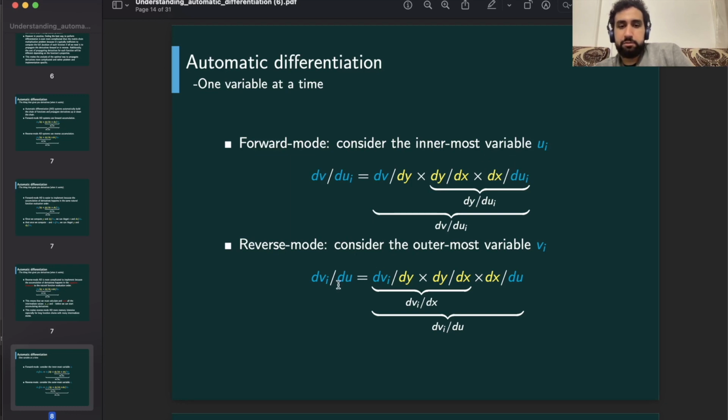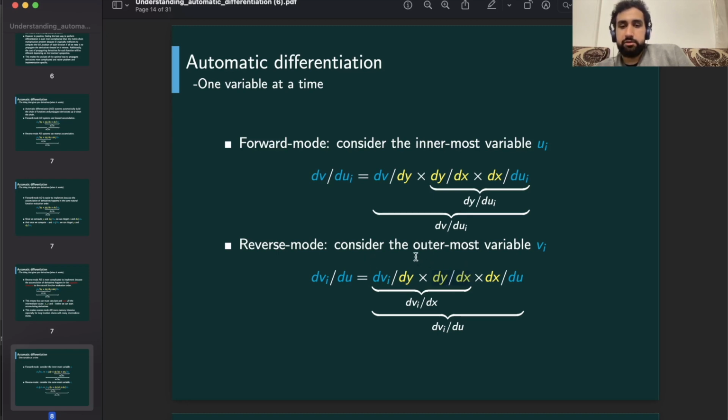Now, if we take reverse mode, and again take just one variable at a time, but from the output side, we're considering only a single outermost variable v_i, and we try to get the Jacobian dv_i/du. Then this is going to be a 1x3 row vector, right? If y is of length 3, then this Jacobian is a 1x3 matrix, or a 1x3 row vector, and we're multiplying it by the Jacobian of the function that takes input x and gives output y.